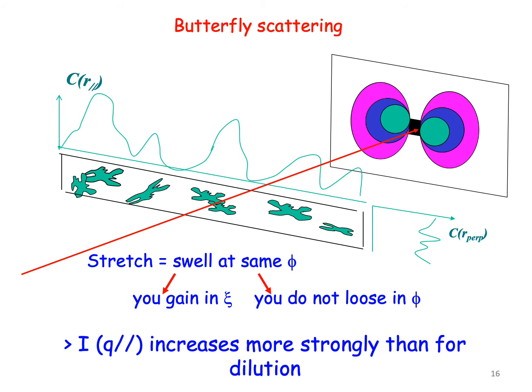And now the final aspect of the scattering is represented on the right-hand side. And you can see a rather weird figure, which is due to the fact that the zero-Q limit in the parallel direction is higher than the zero-Q limit in the perpendicular direction. This is different from the scattering of a deformed single object, in which the zero-Q limit is the same in the two directions.